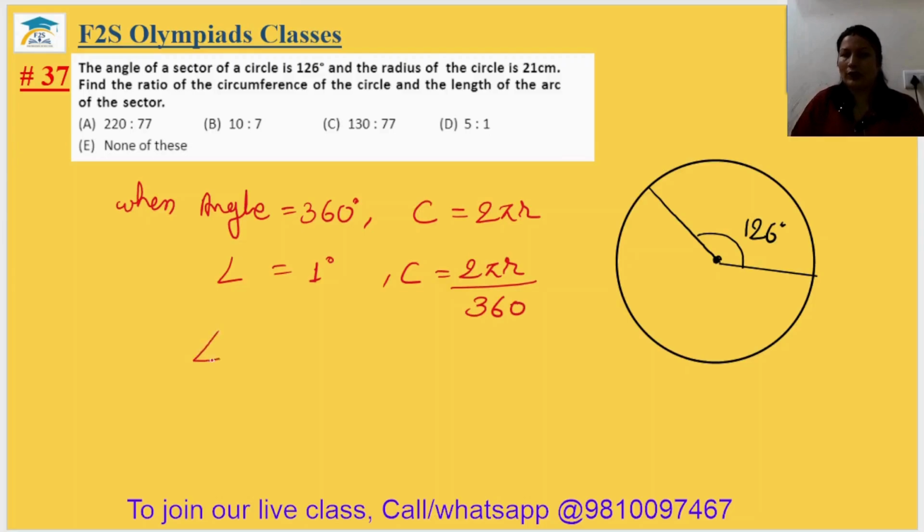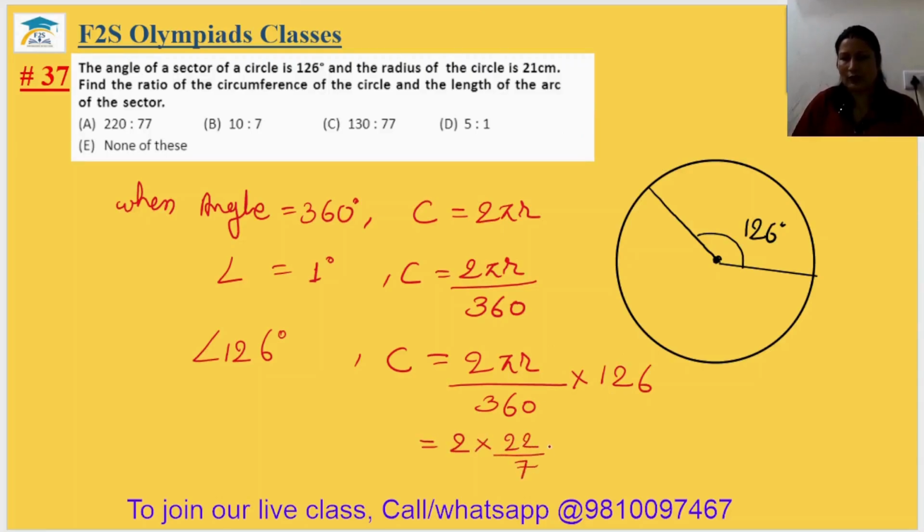If angle is 126 degree, circumference will be your 2 pi r upon 360 multiplied by 126. Okay. So after simplification, r is given 21. तो just I am writing here 2 into 22 by 7 into 21 into 126 by 360.